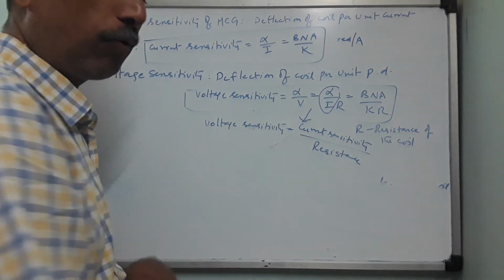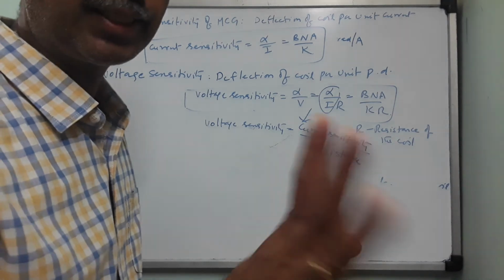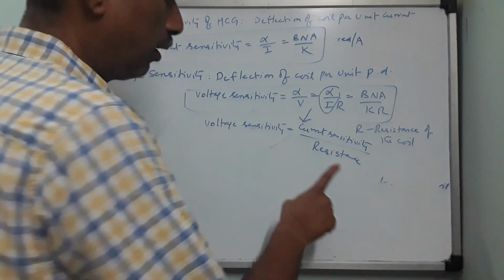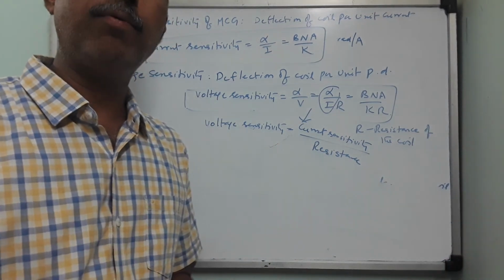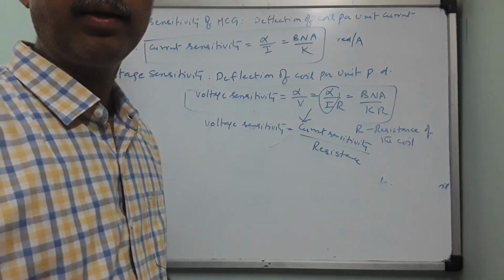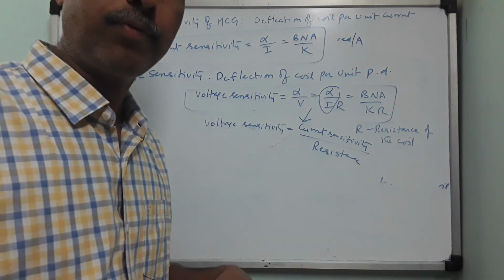Can I say that voltage sensitivity also increases by 2 times? Not exactly. Current sensitivity increases by 2 times, no doubt. But what about the resistance? For 100 turns you had 1 meter long wire. For 200 turns you should have a 2 meter long wire. That is, the length of the wire is increasing in order to increase the number of turns.